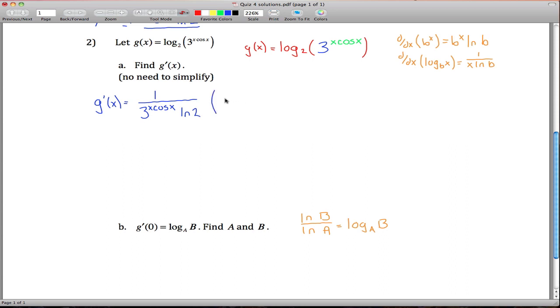And then we're still not done. We still have to take the derivative of 3 to the x cosine x. So maybe I'll write that like this. This part's done. We still have to take the derivative of this part. But we can do that. Leave this stuff all alone.